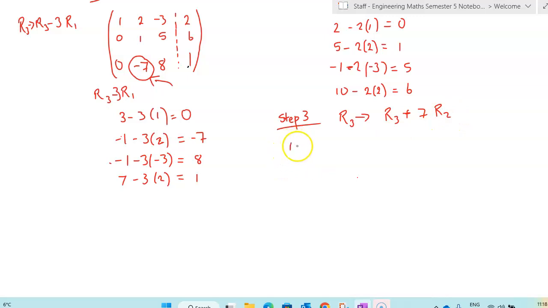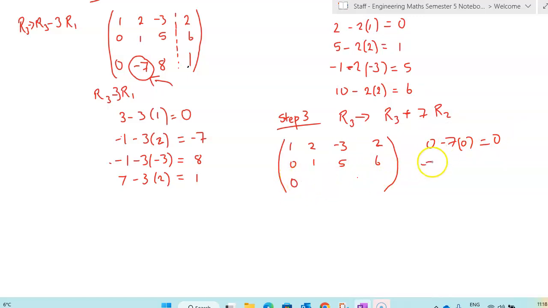So that means row 1 and row 2 don't change. We can write them down now: 1, 2, minus 3, and 2; 0, 1, 5, and 6. And row 3 is going to change. For the first one, it's 0 plus 7 zeros, which is 0, so the first one stays the same.